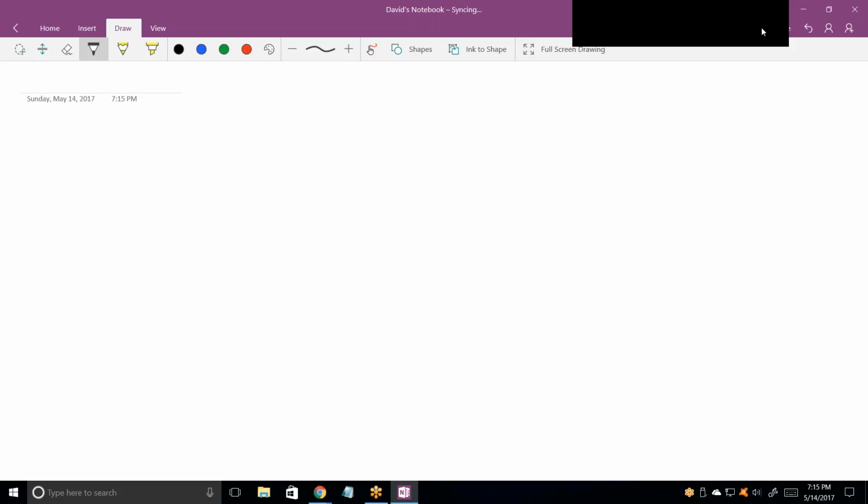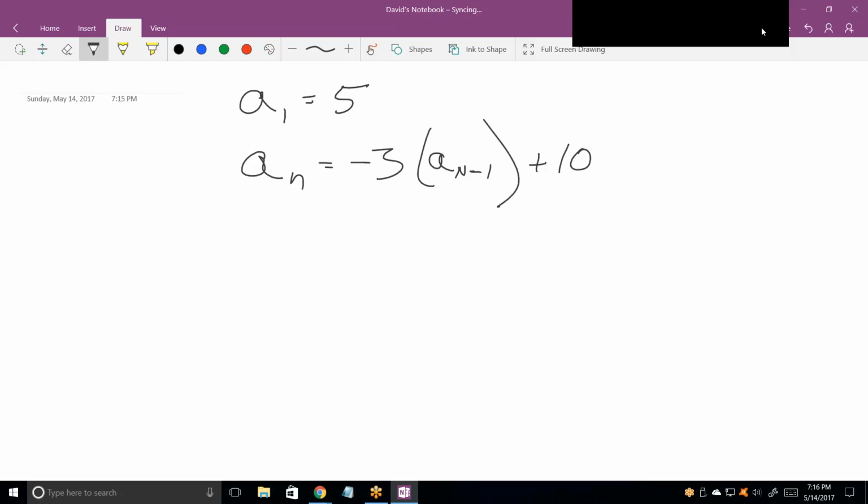The next one wants us to find a specific term of each sequence. So it wants us to find the fourth term of this sequence. a sub 1 equals 5, and then a sub n equals negative 3 a sub n minus 1, plus 10, and n is greater than or equal to 2.